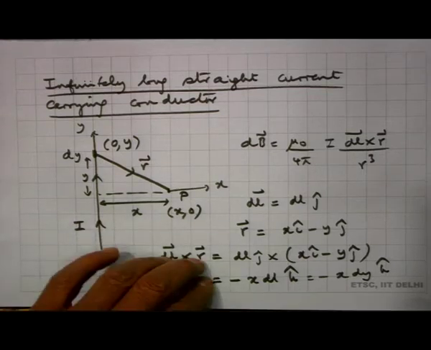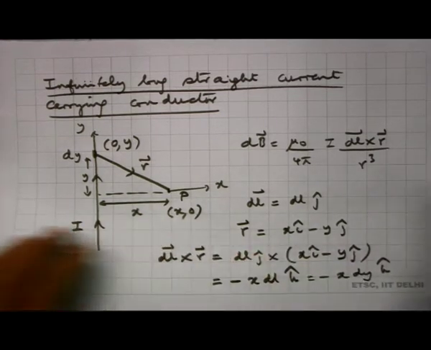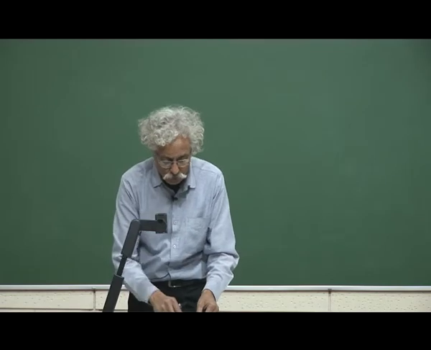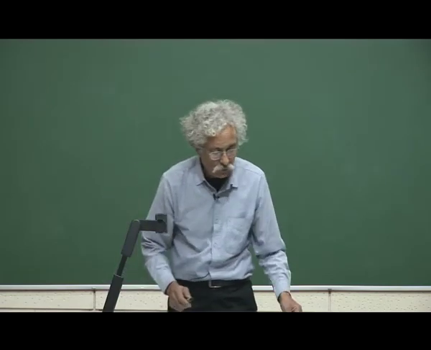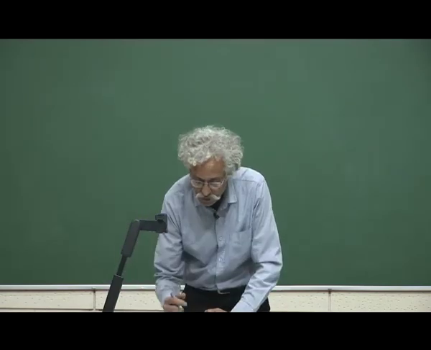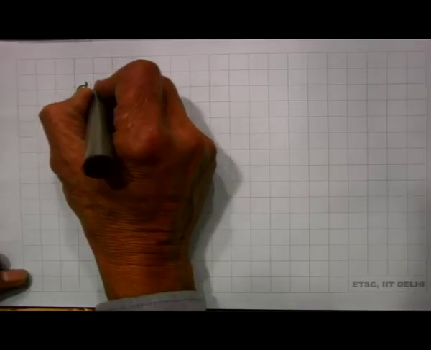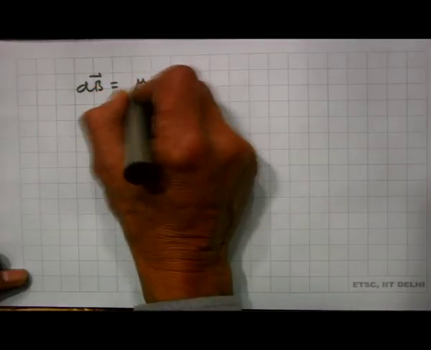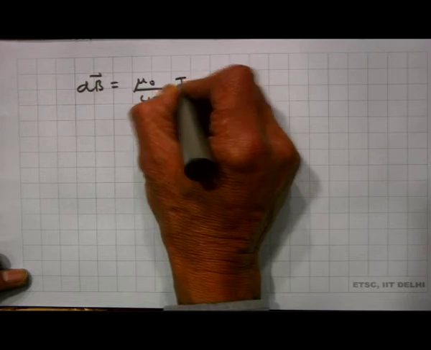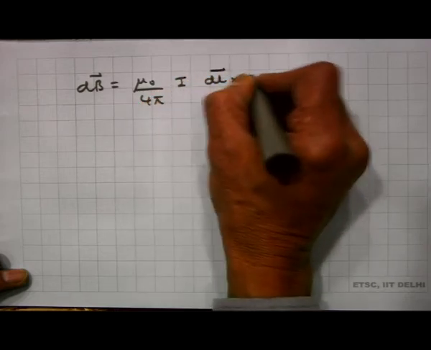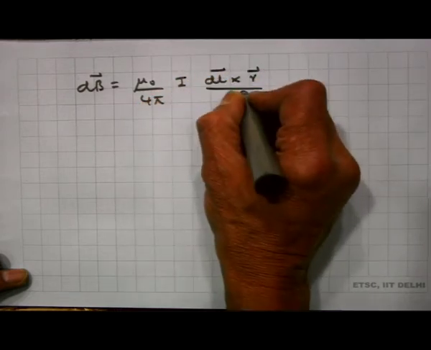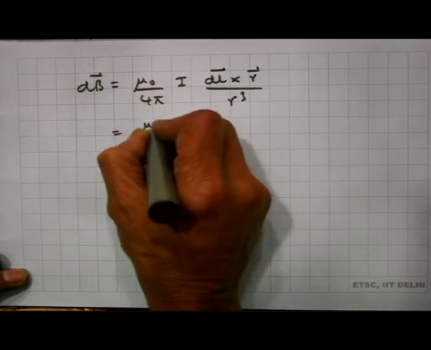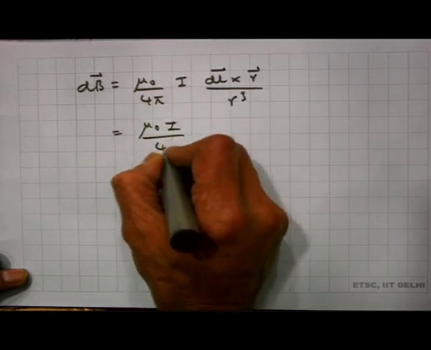So, I can simply add the total magnetic field produced by all small current elements to get the total magnetic field. So, let me write an expression for dB is mu naught by 4 pi I dl cross r by r cube, which is equal to mu naught I by 4 pi.